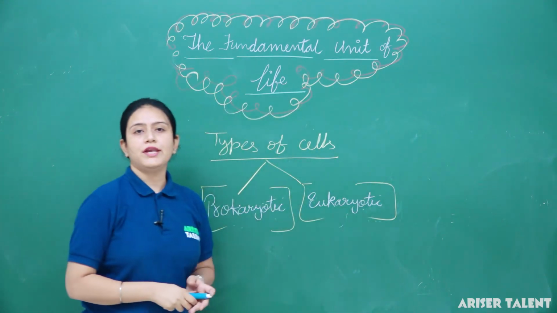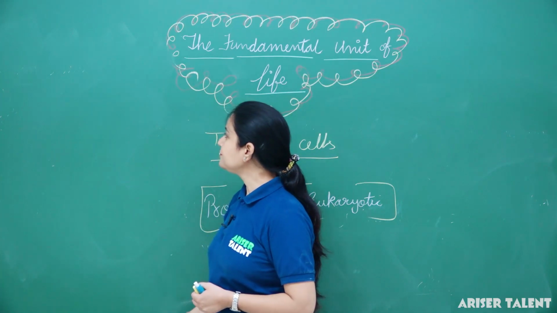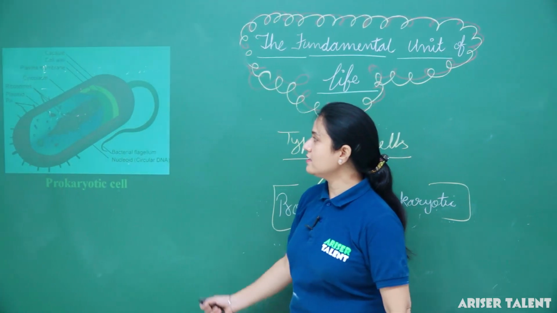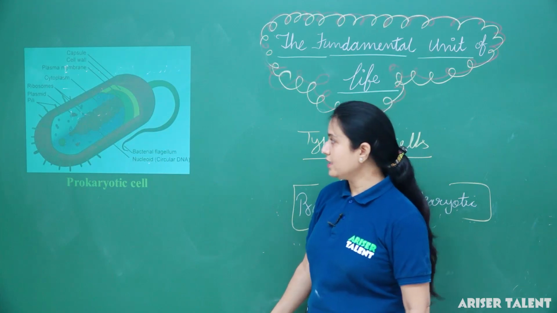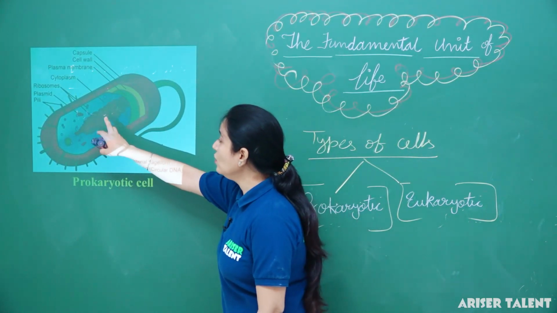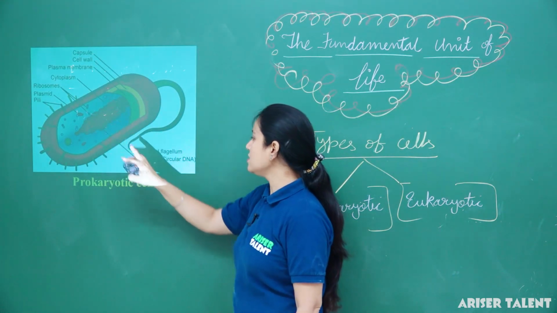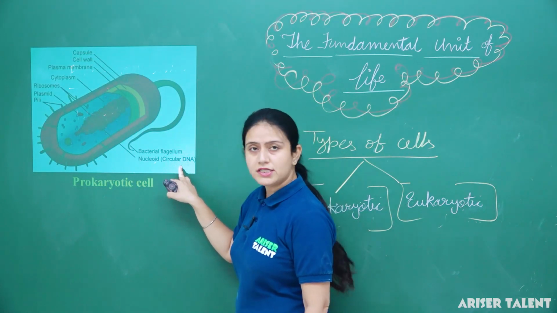Prokaryotic cells do not have a well defined nucleus. Here we can say this is the structure of prokaryotic cell. Here we can see that nucleus is absent, nucleoid is present, single stranded, circular DNA is present.